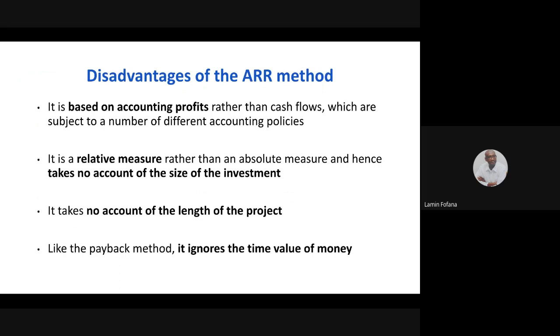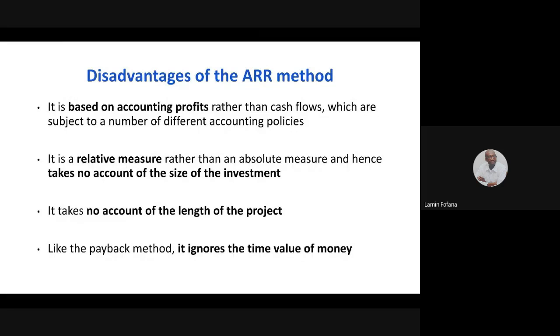So it has disadvantages. One serious disadvantage is that because it is calculated on accountant's profit, it is subject to a lot of different interpretations. Like I said, some accountants use the straight line method in calculating depreciation. Some use weighted average. Some use the reducing balance method and so on.